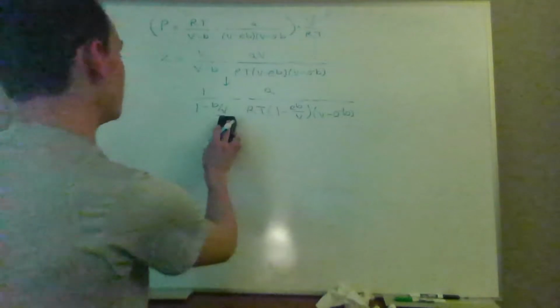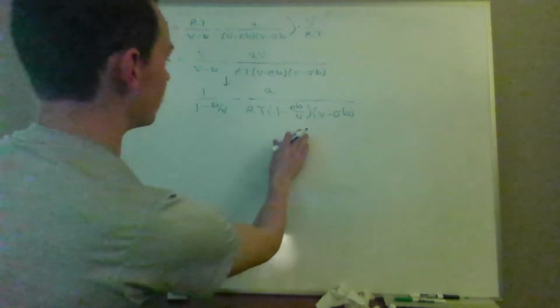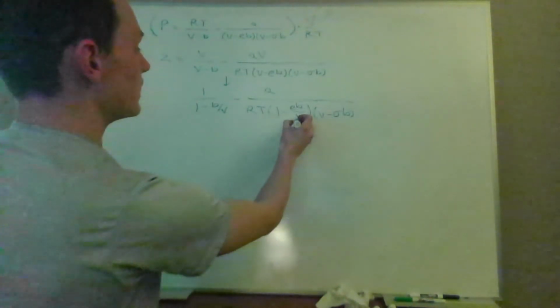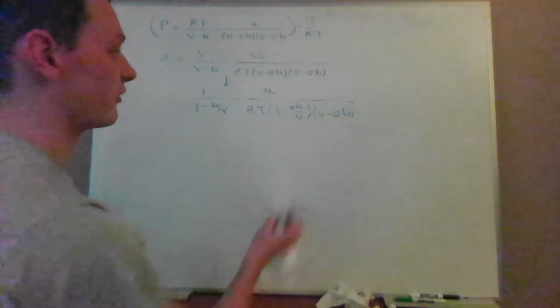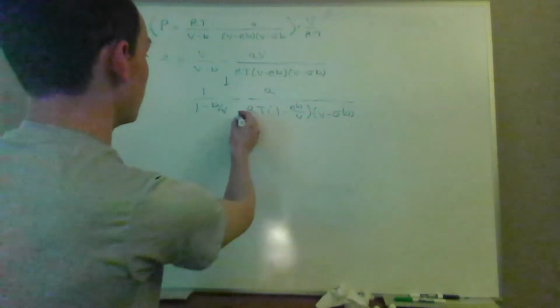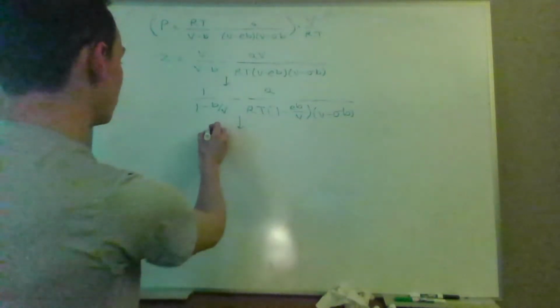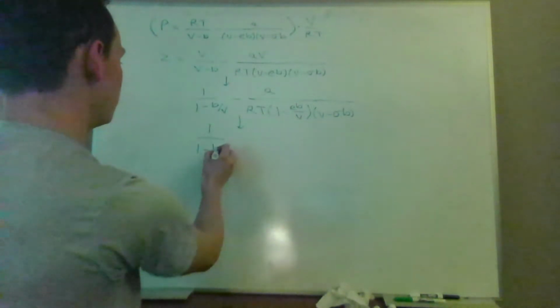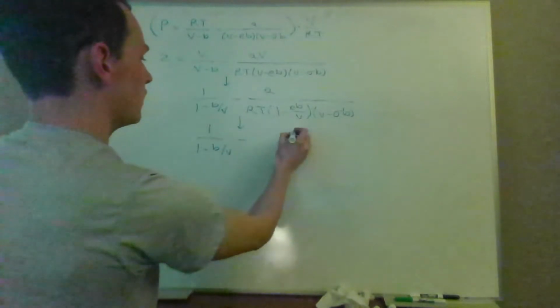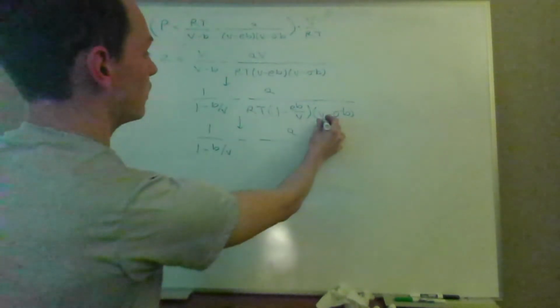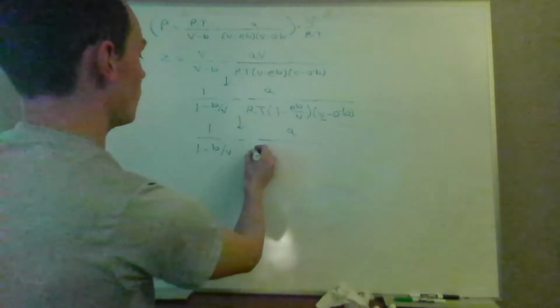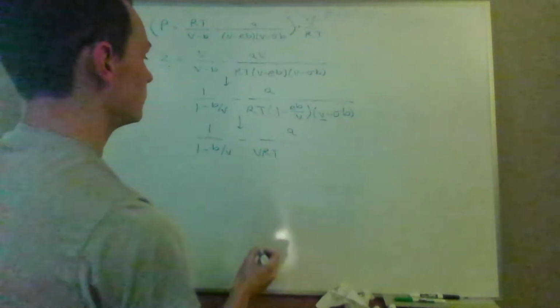So let's actually do that for just this fraction so that we get something that looks like this, where we have epsilon b over the specific volume. I'd like to see the same thing there before we make our substitution. So this is the same over here. A is still up there. So I'm just going to pull the specific volume out here, okay? So we'll have VRT over here, okay?